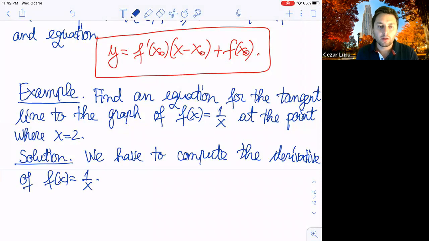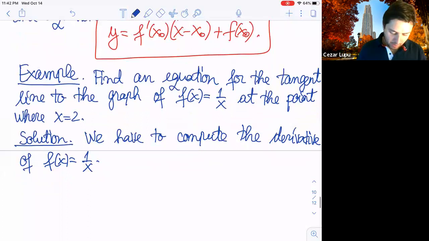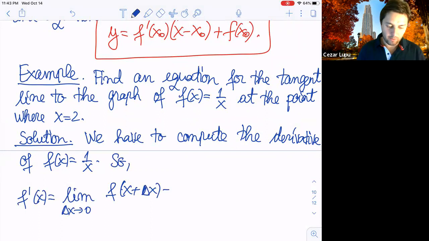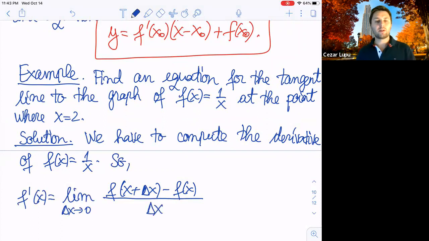Well, I can say what the derivative is, but you can use the difference quotient. And in fact, let's do the computations. So f prime of x is nothing else than just the limit as delta x approaches 0 of f of x plus delta x minus f of x, everything over delta x, right? So that's the definition.